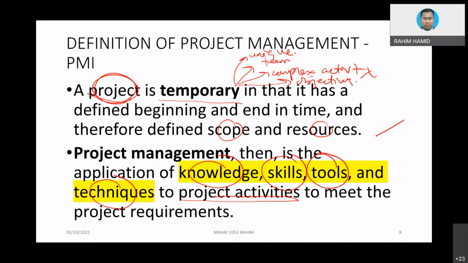Whereas in other disciplines, perhaps some of you are not from civil engineering, for instance, in a school of computer, their project could be developing software. In book publication, the project could be publishing a book. So you can call it a project.